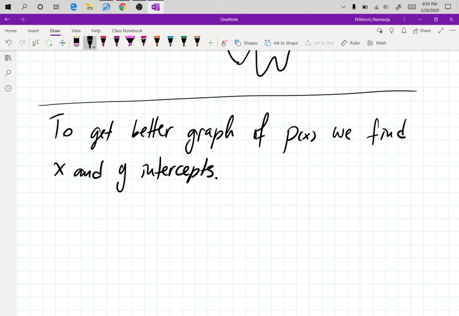And then the x intercepts, I gotta write this in blood now. X intercepts are also called roots, are also called solutions. So x-intercepts have also these names.